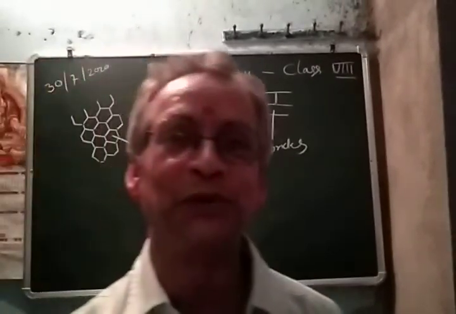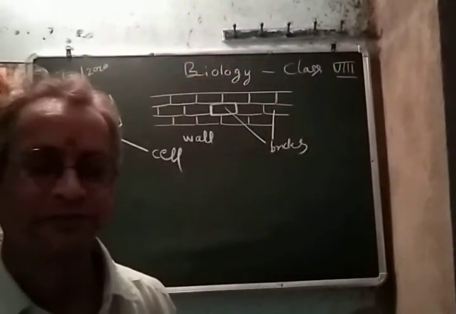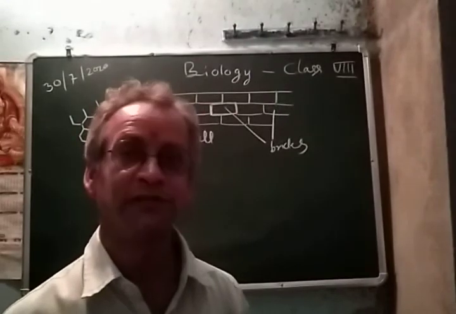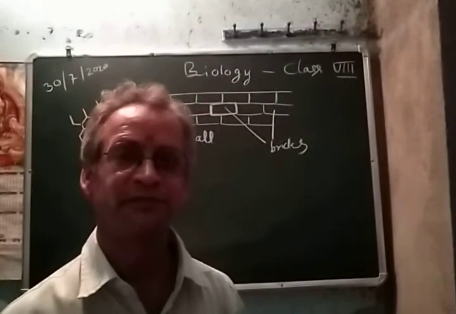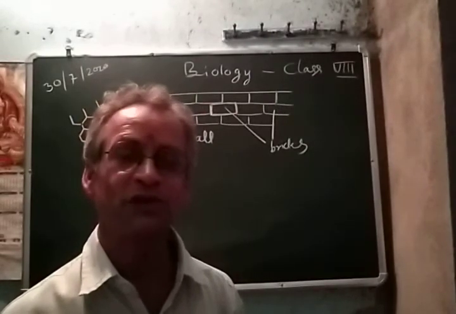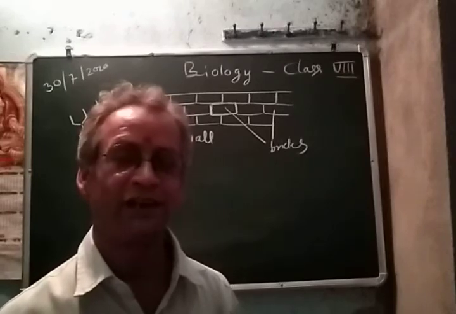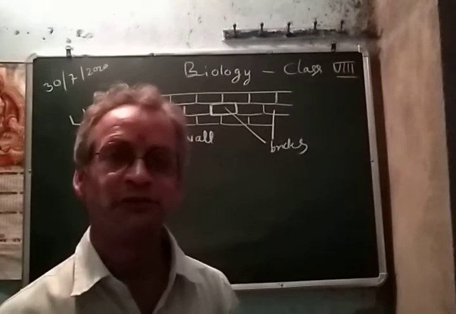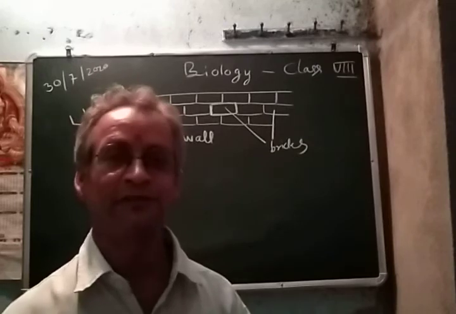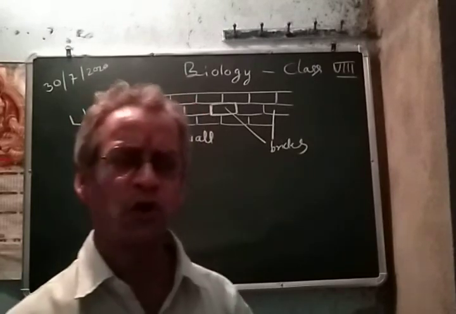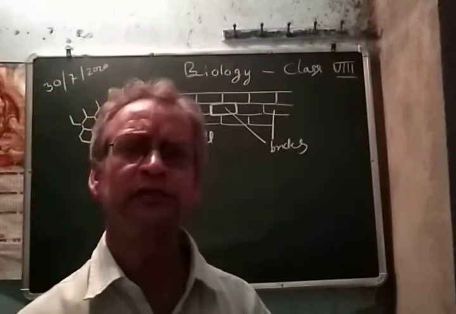When Robert Hooke observed these cells, the cork cell was a dead cell because cork wood is dead.